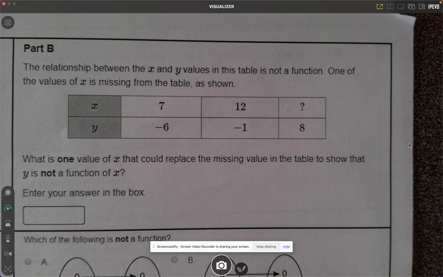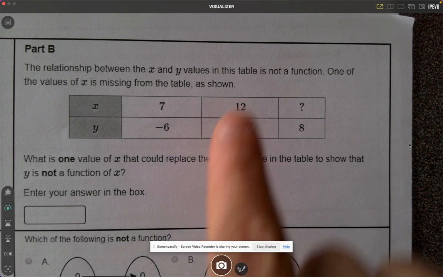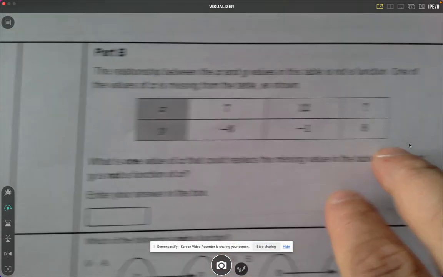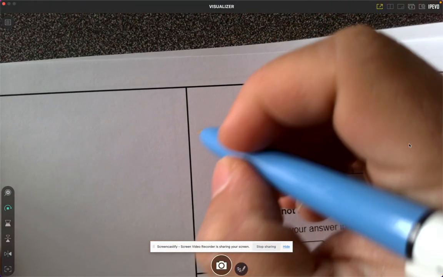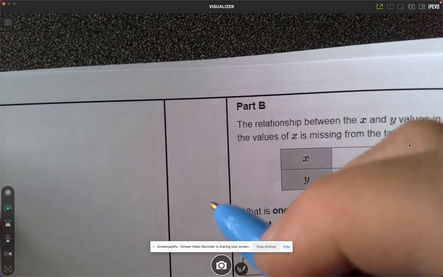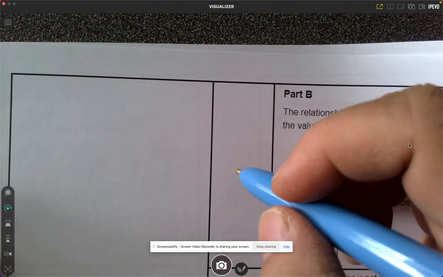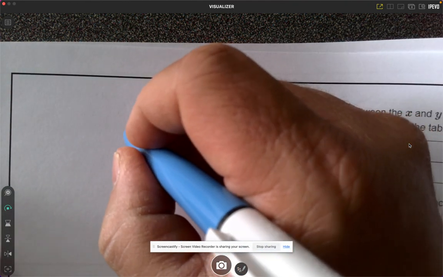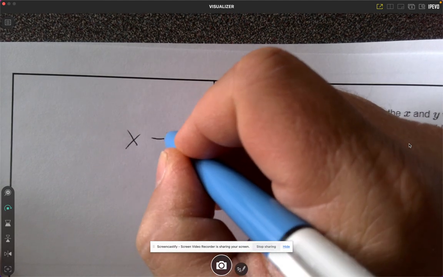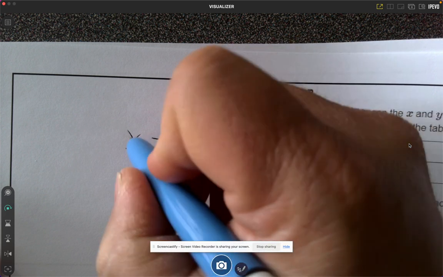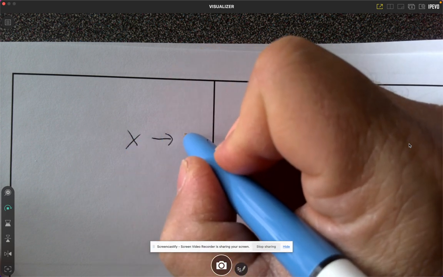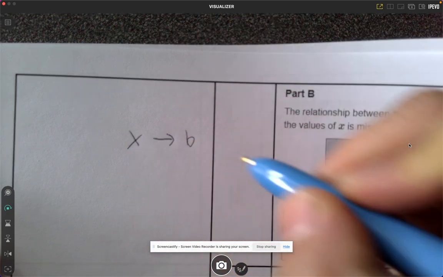There's no mistake here to be had, but remember, to be a function, what has to be true? So I'll go over here to the side. If you think back to the nuggetizer machine, say x goes in, and b comes out.